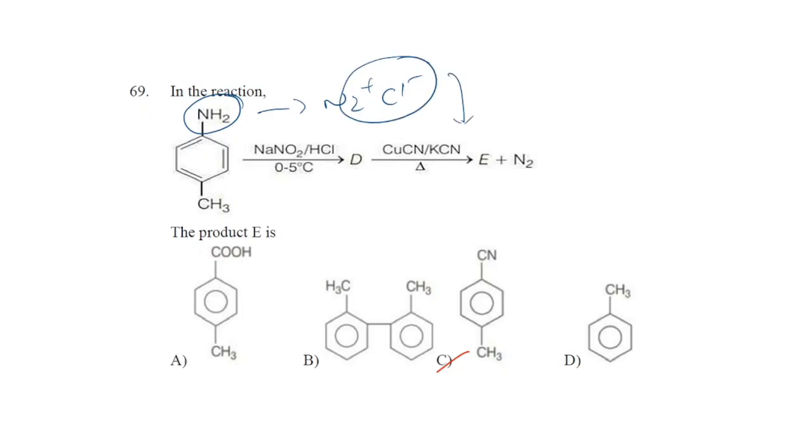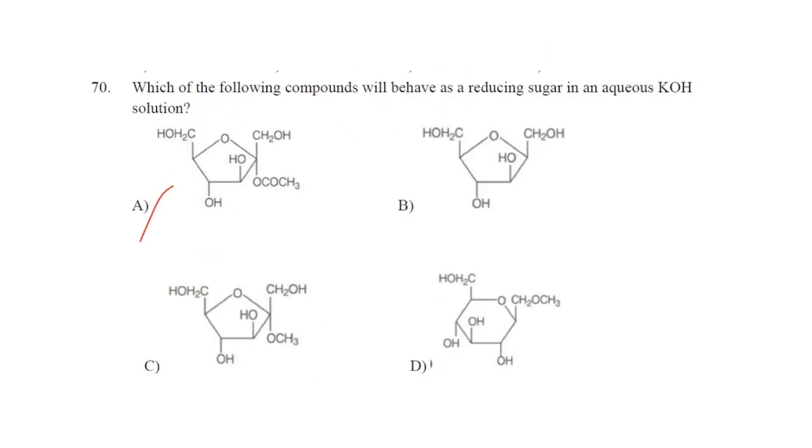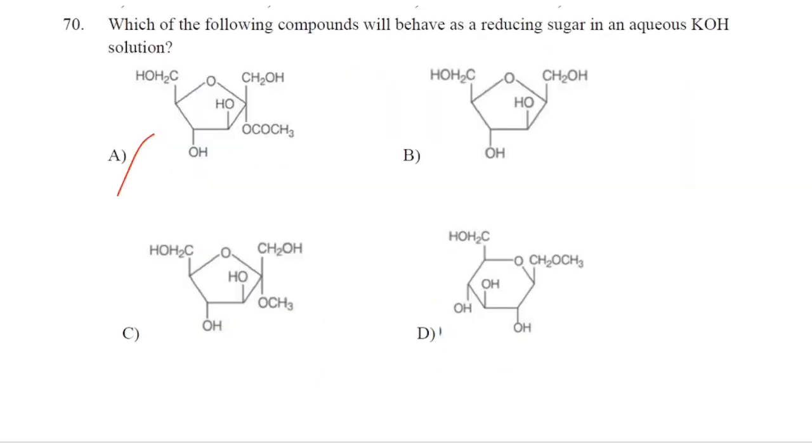With KCN or CuCN, you will get a cyano group instead of NH2. So this is the correct answer. Simple reaction based on named reactions in the aniline. Now let's move to the next one.